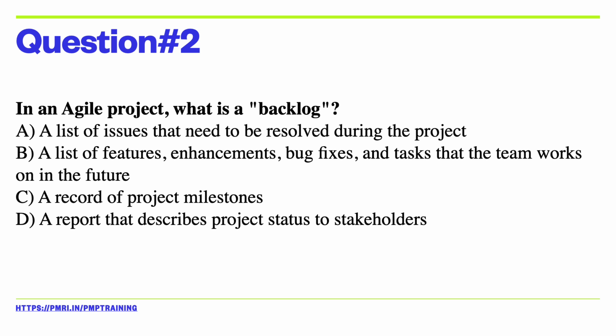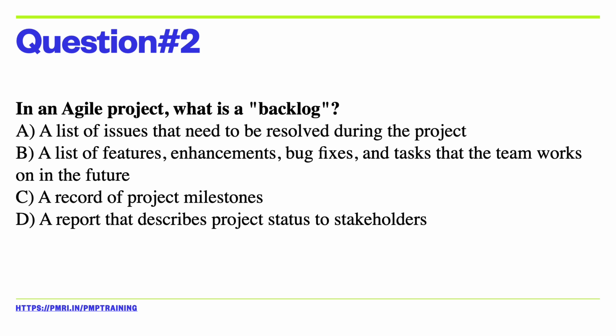In an agile project, what is a backlog? Option A, a list of issues that need to be resolved during the project. Option B, a list of features, enhancements, bug fixes, and tasks that the team works on in the future.